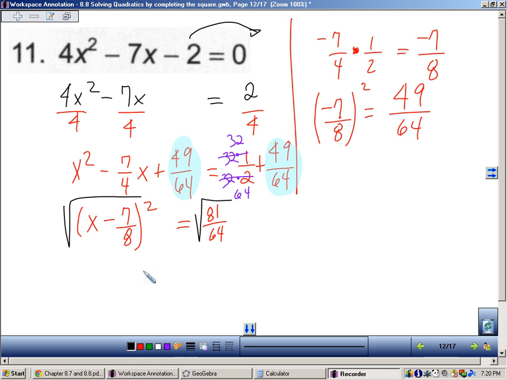So, x minus 7/8 equals plus or minus the square root of 81 over the square root of 64. Quotient property. Add 7/8 to each side.